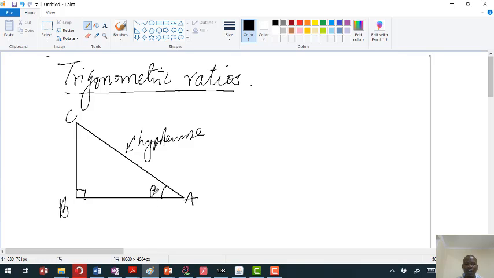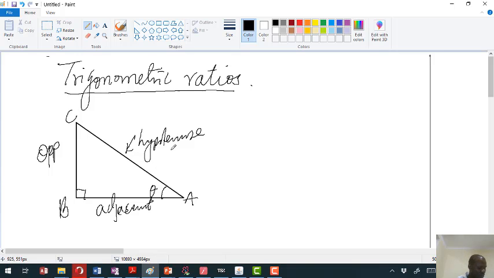If the reference angle is angle A, then this side is going to be called the opposite side. Then the remaining side is called the adjacent side, of course, it's adjacent to the theta. So the triangle is fully named in terms of the hypotenuse, adjacent, and opposite.